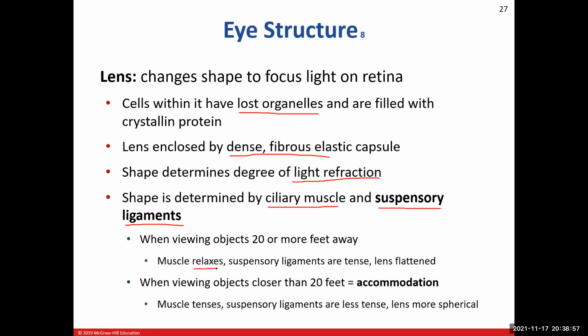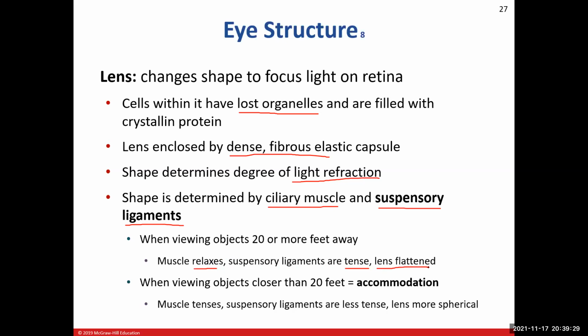Now, this is going to throw you for a loop, so bear with me. The ciliary muscle relaxes, and because of that relaxation of the ciliary muscle, that causes the suspensory ligaments to tense, which causes the lens to flatten out. Normally we think when the muscles contract, that will then pull on the suspensory ligaments and make them tense, and that would cause the lens to flatten.